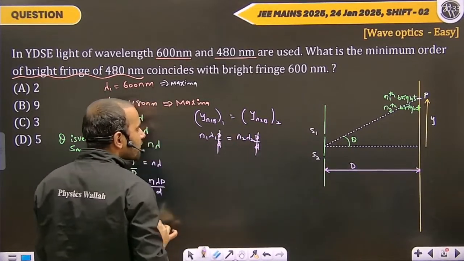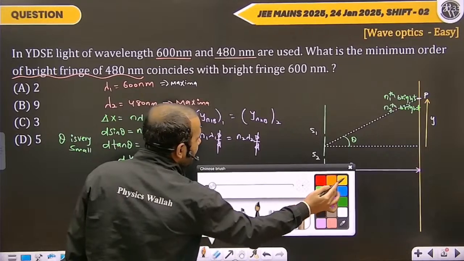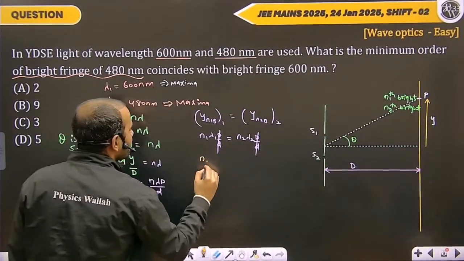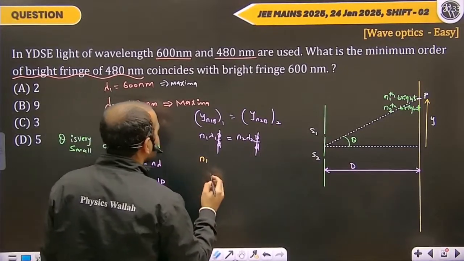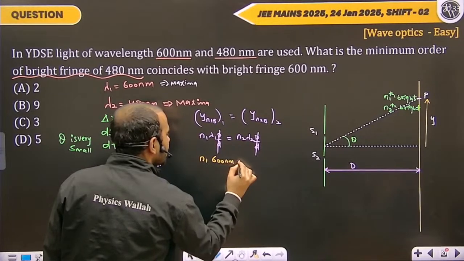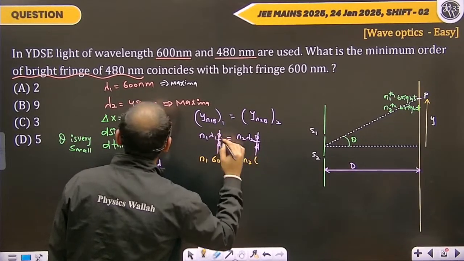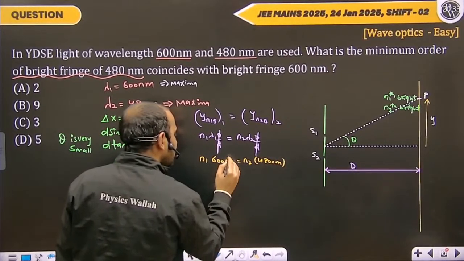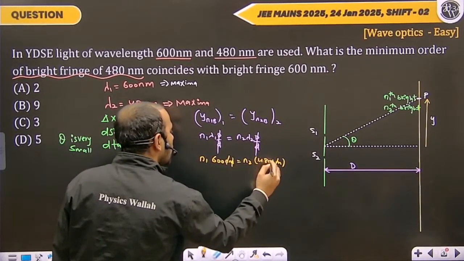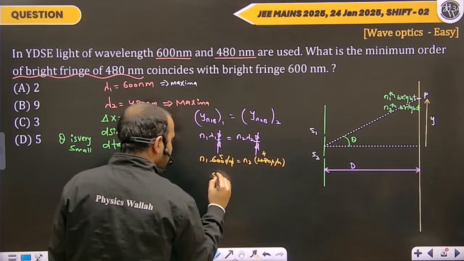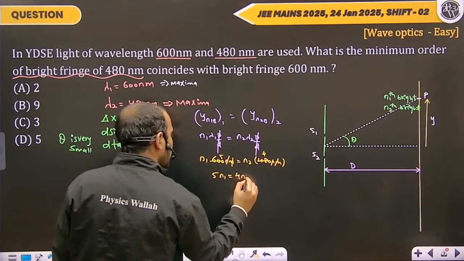This term will get cancelled out. Now we will have a certain relation. N1 we don't know, lambda 1 is 600 nanometer, n2 we don't know, lambda 2 is 480 nanometer, right? The nanometer will get cancelled out. 600 to 480 is 5 to 4, so 5 n1 is equal to 4 n2.